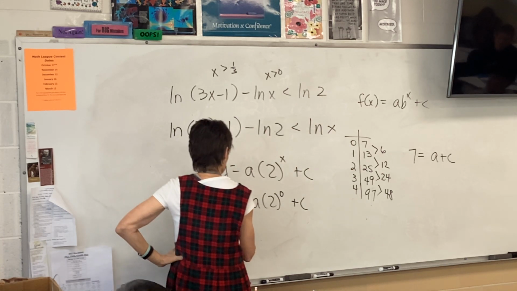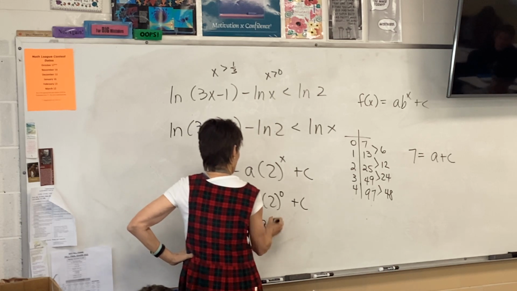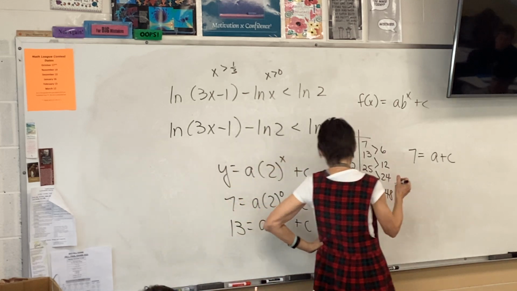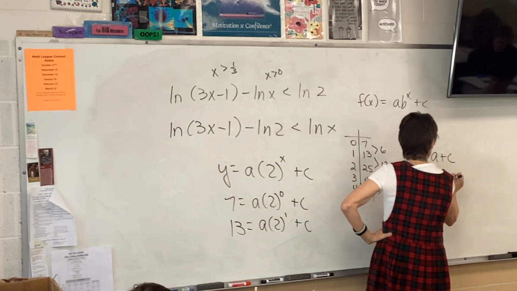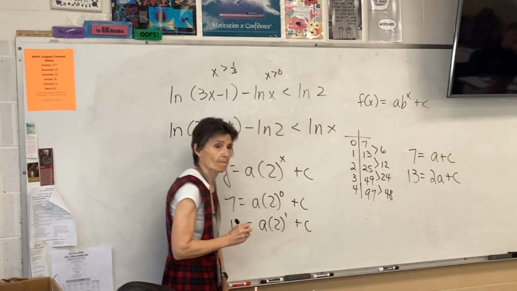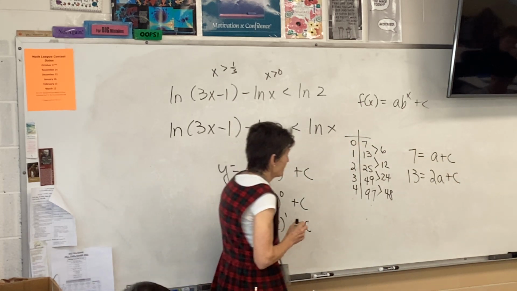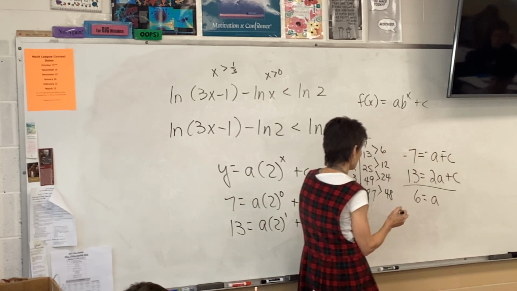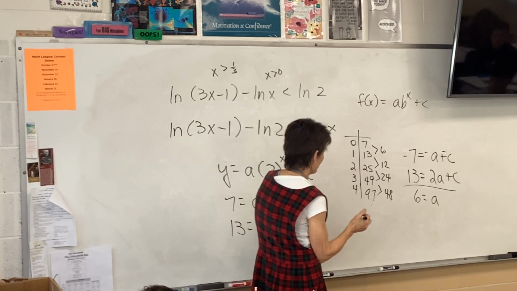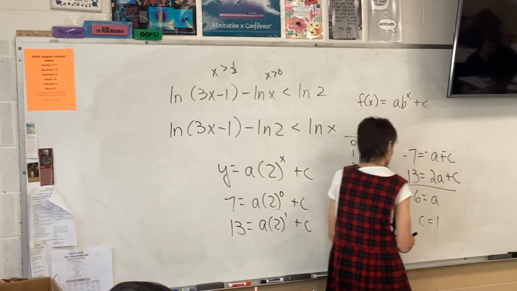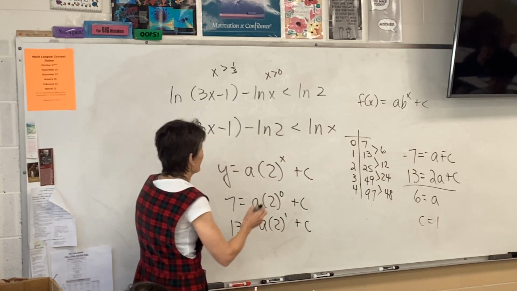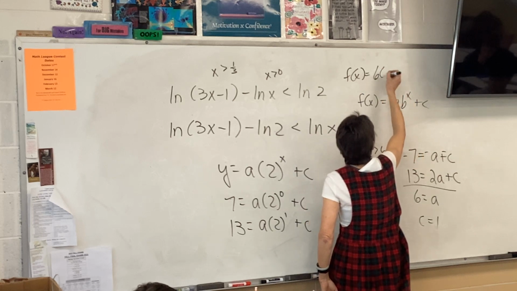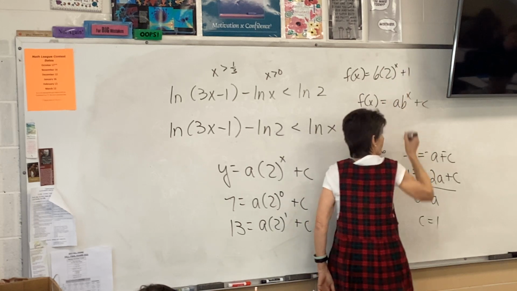And then 13 equals A times 2 to the first plus C. So 13 equals 2A plus C. And then, you know what to do, looks like A is 6. And if A is 6, then C would have to be 1. So my equation, Julia, is f of x equals 6 times 2 to the x plus 1.